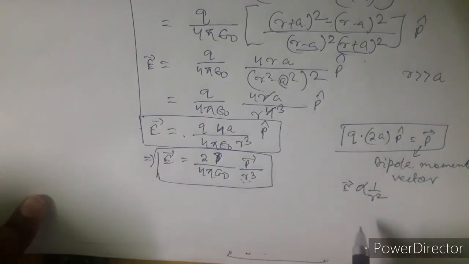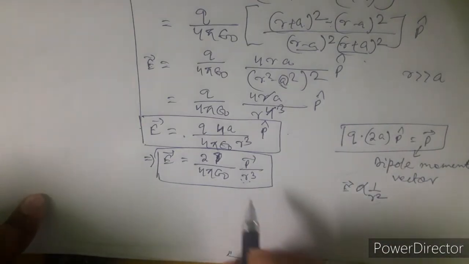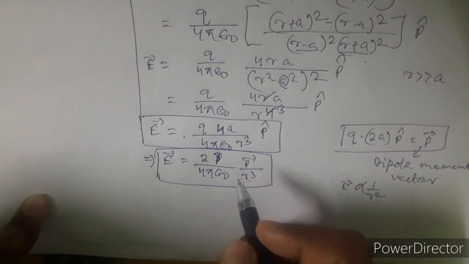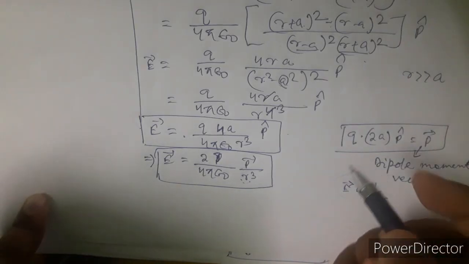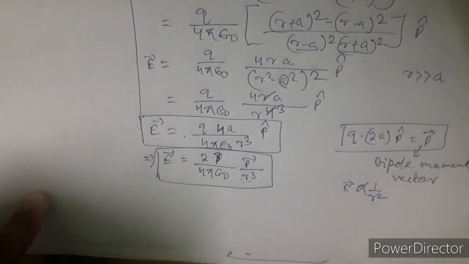That means it is steeper, it decreases faster than a single charge. So this is also one important result. In the next video, I'll discuss the electric field due to the points on the equatorial plane. Thank you for watching this.